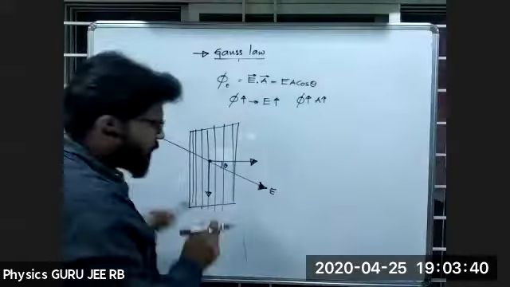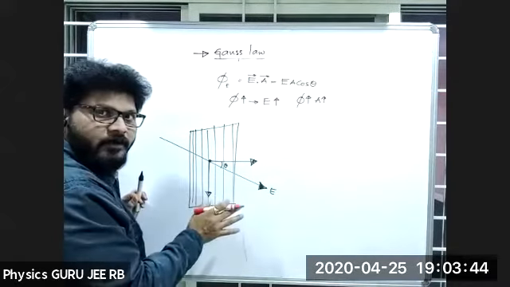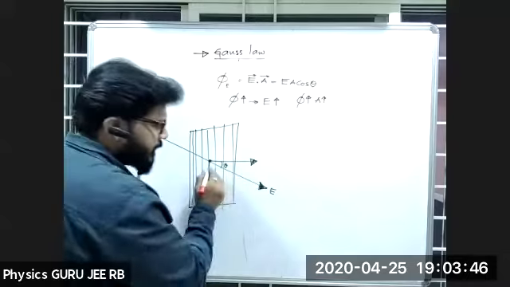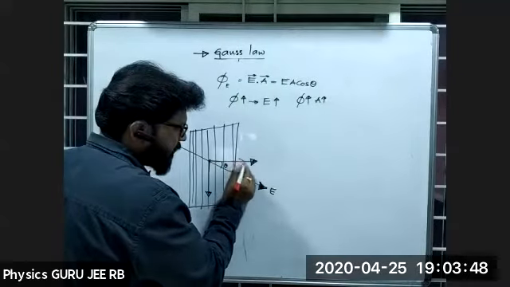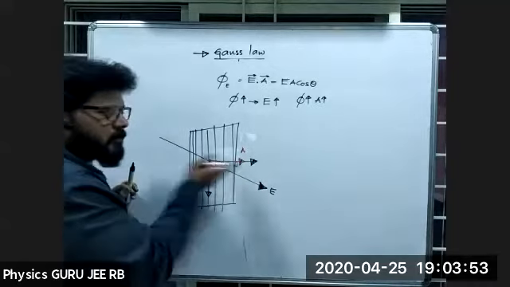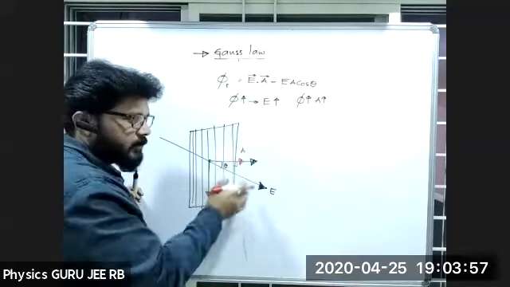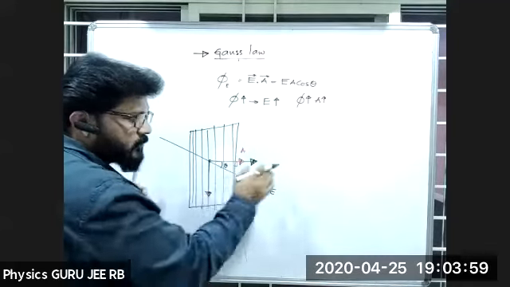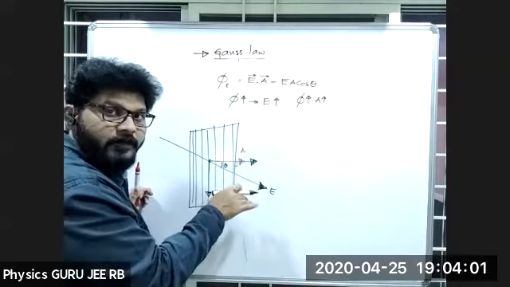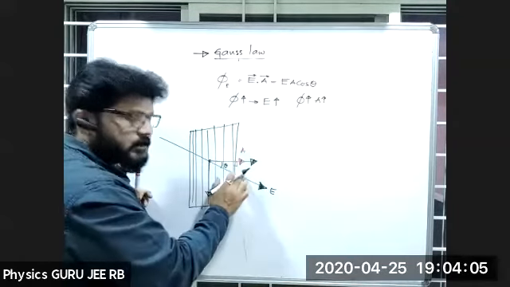That means if electric lines are entering like this, first you check the area direction. The area direction is normal to the surface, right? Now this component is required, because we need the component along the same direction as the area vector.